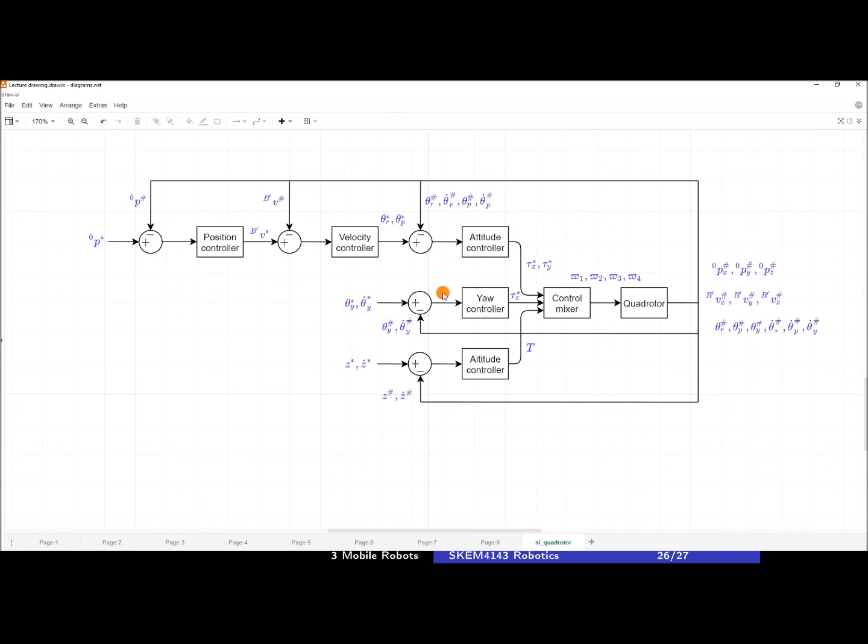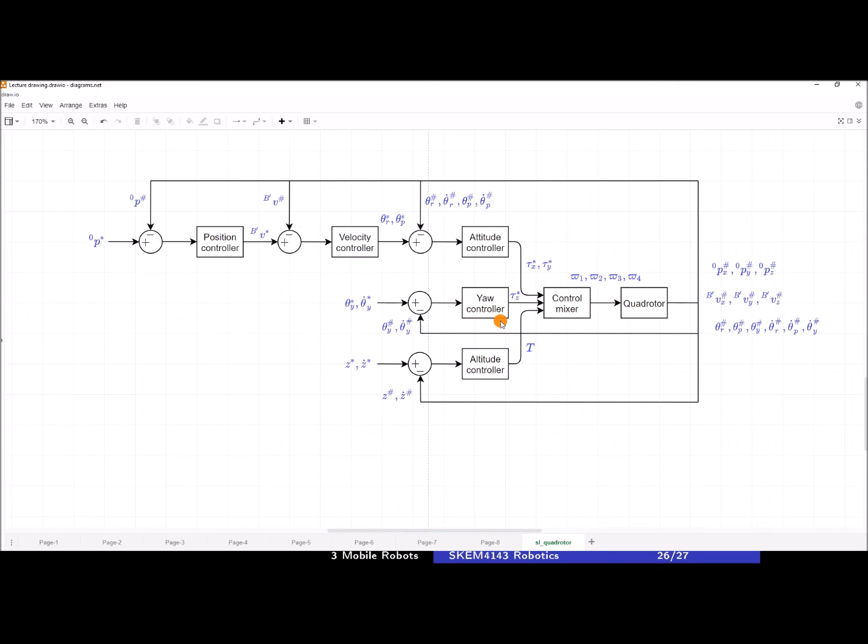For the yaw controller, on the other hand, we have desired theta y, which is the yaw angle and the rate. We compare it with the actual yaw angle and the rate.